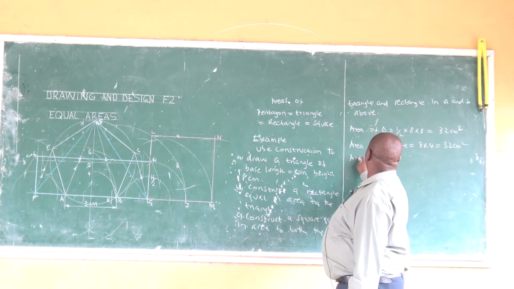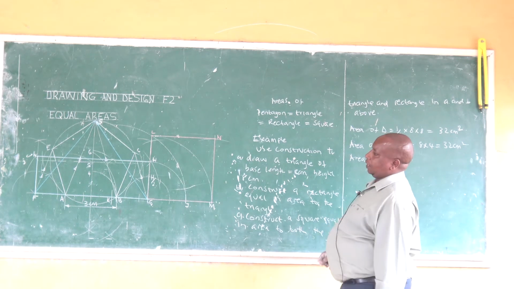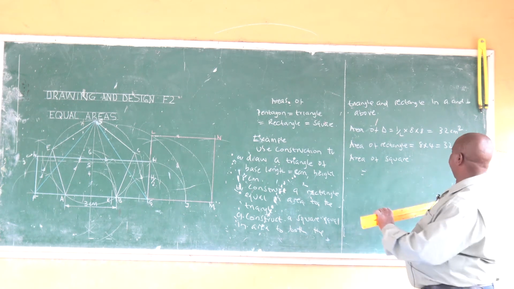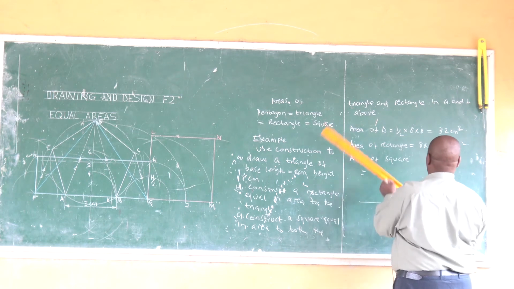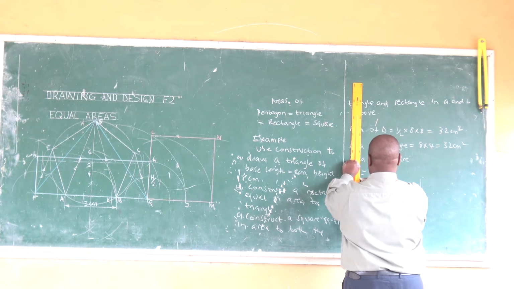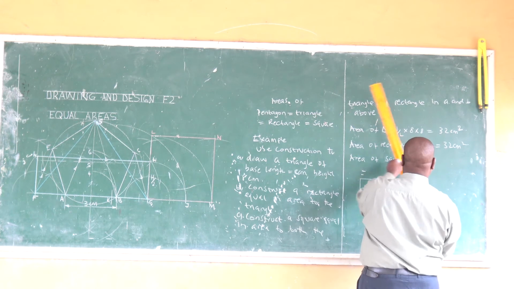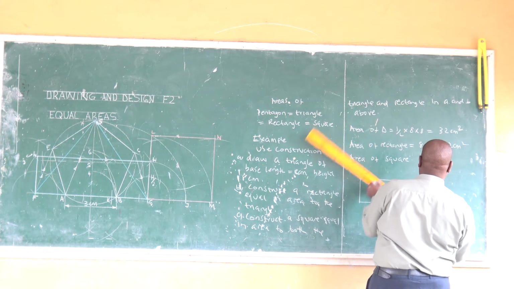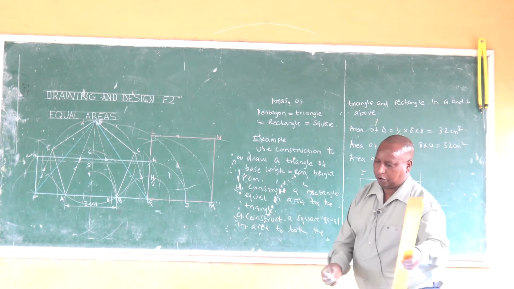Area of square, you can be able to calculate it by taking the position of the rectangle with our line extended up and on the left hand side.